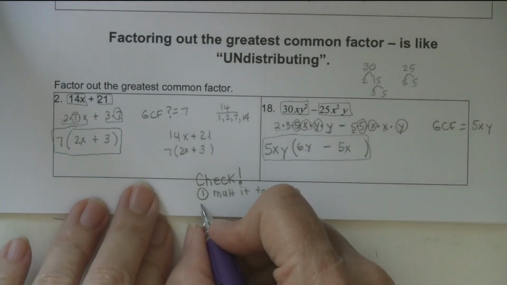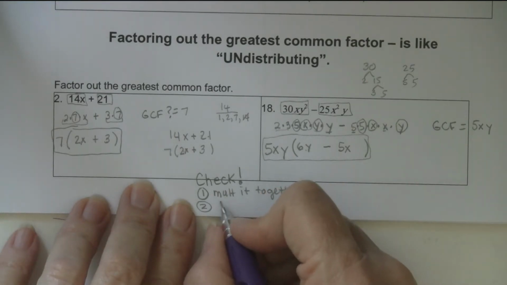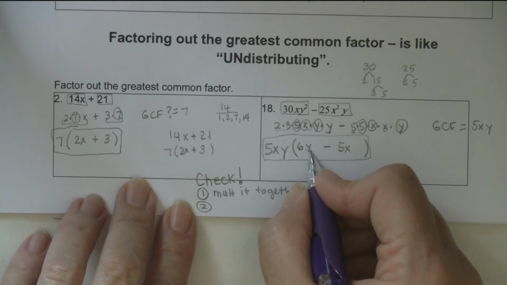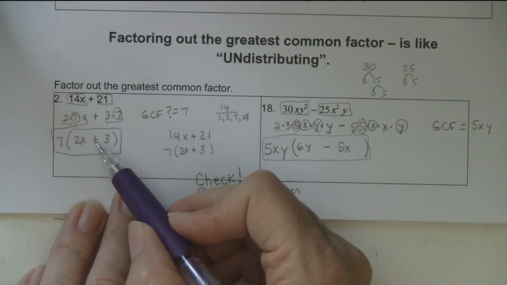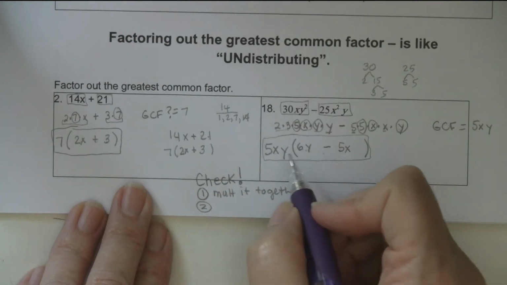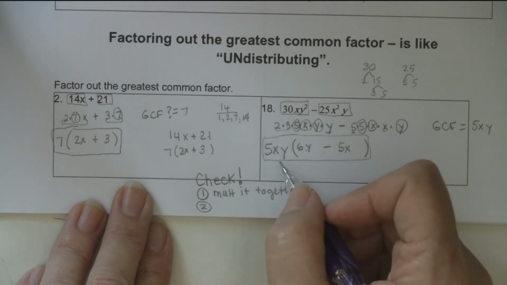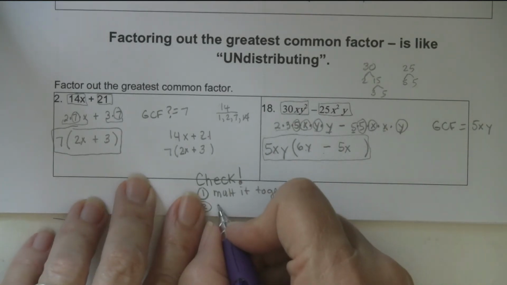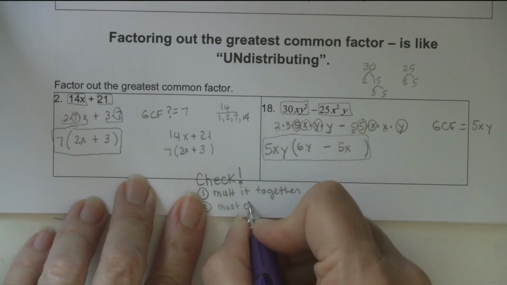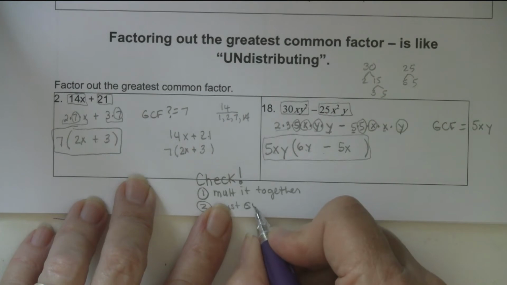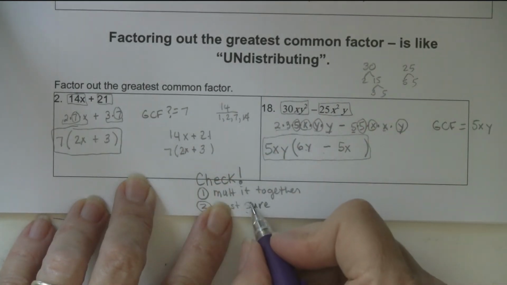And the second thing, and this is what people don't check, you make sure that your binomial or your trinomial, this part here, is done. Monomials are done, so 5xy is done, but this binomial might not be done.